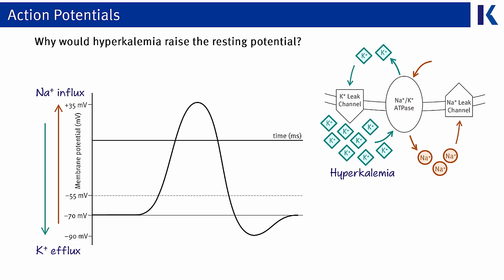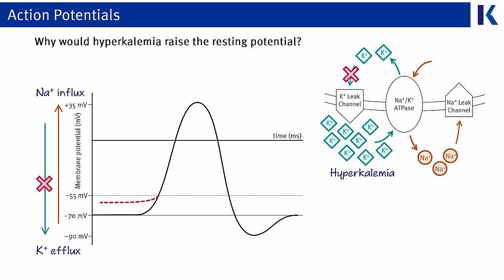And in this case, with tons and tons of potassium outside the cell, it's going to be a lot harder for our potassium cations to flow out of their leak channels and out of the cell. This disrupts that negative potential that is established by potassium leak. And so what we see is that with the disruption of potassium, the overall membrane potential is driven somewhat higher.